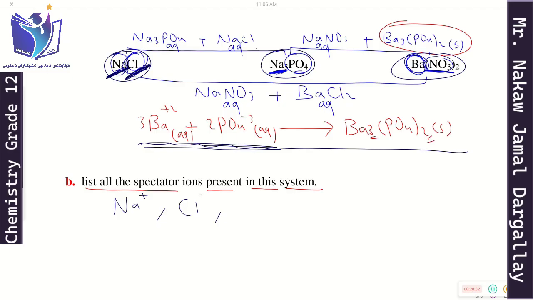PO4 appears in the net ionic equation, so PO4 is not a spectator ion. Ba appears in the net ionic equation, so Ba is not a spectator ion. NO3 does not appear in the net ionic equation, so NO3 is a spectator ion. So the spectator ions are Na, Cl, and NO3.